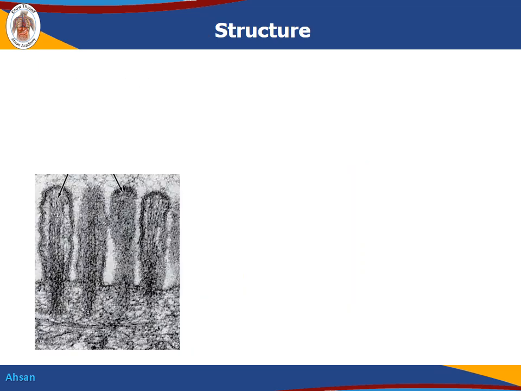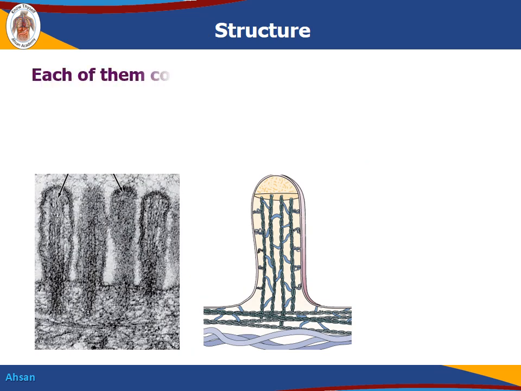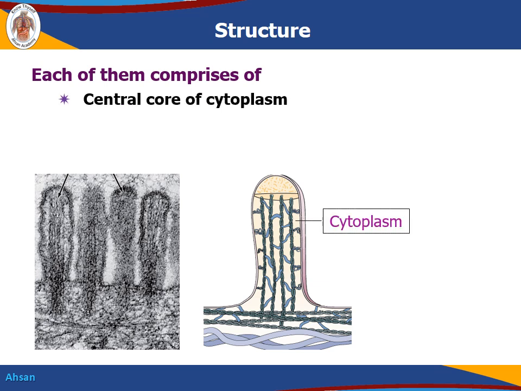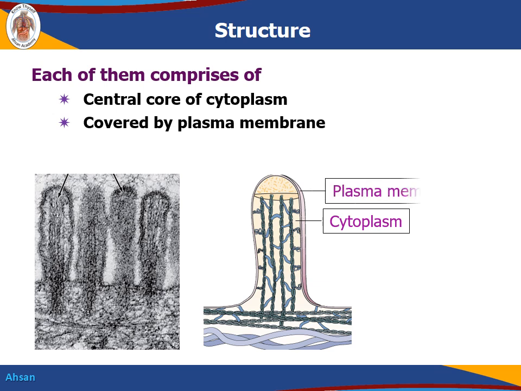Let us discuss. On the left side is the electron microscopic photograph of four microvilli, and on the right side is the diagram showing the structure. So each is comprised of a central core of cytoplasm covered by plasma membrane.